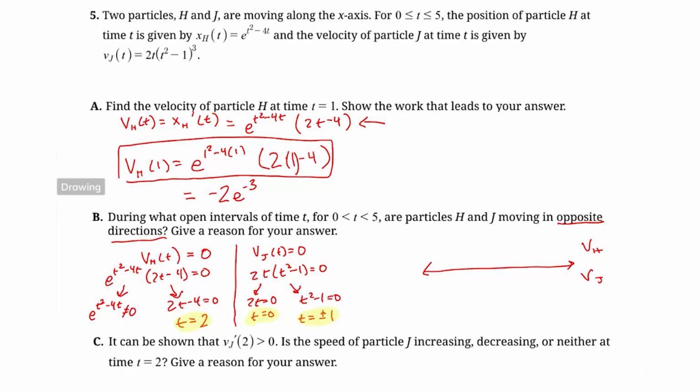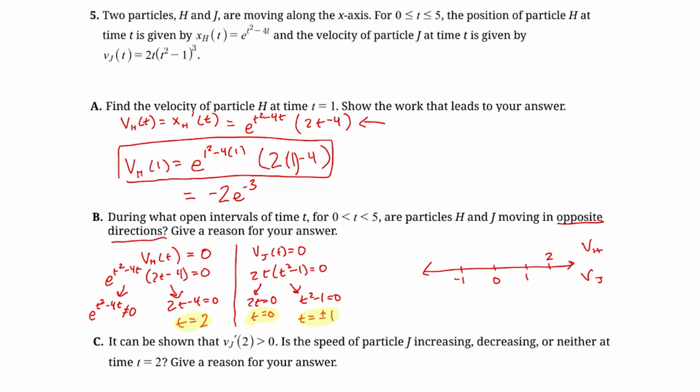So let's label all these numbers on our number line. It looks like the smallest number is going to be -1, and then we've got 0, 1, and then 2 over here. Actually, I'm going to label 2 above, because that corresponds with the value when the velocity of particle h is 0.